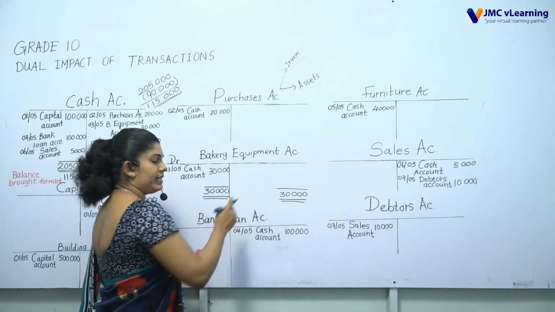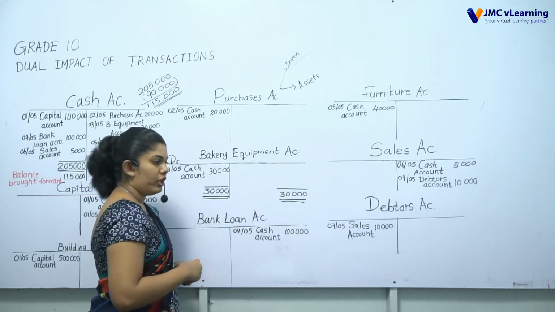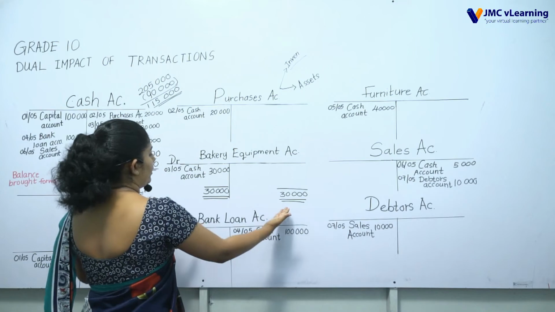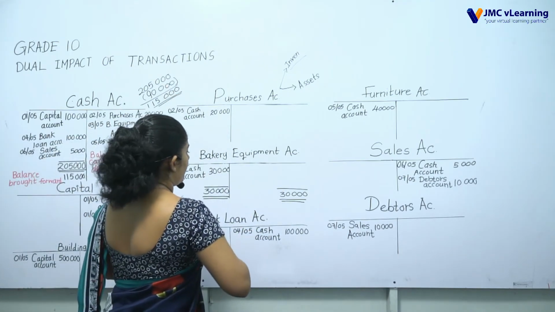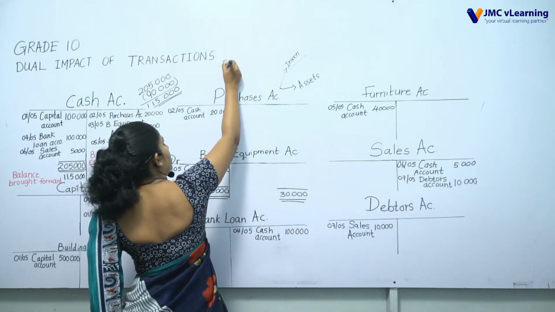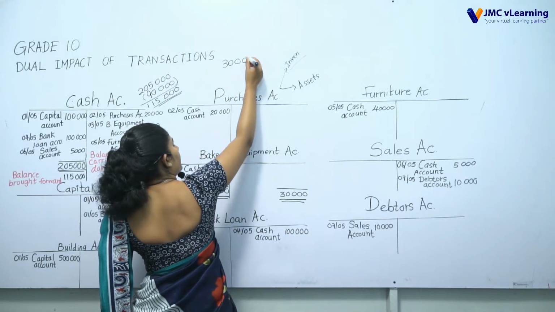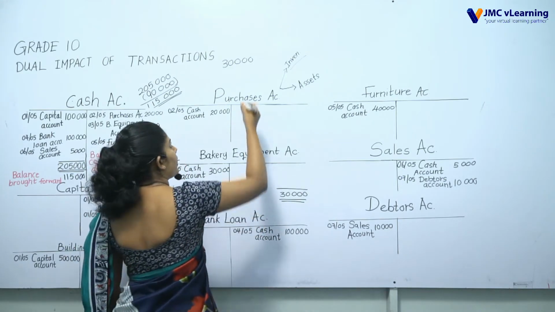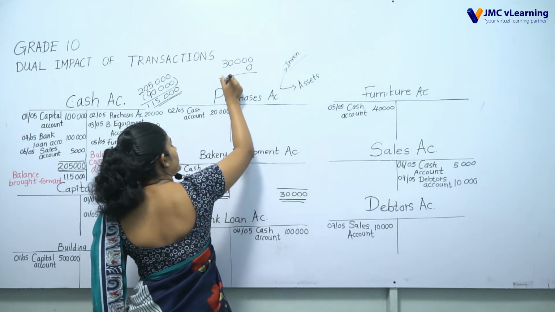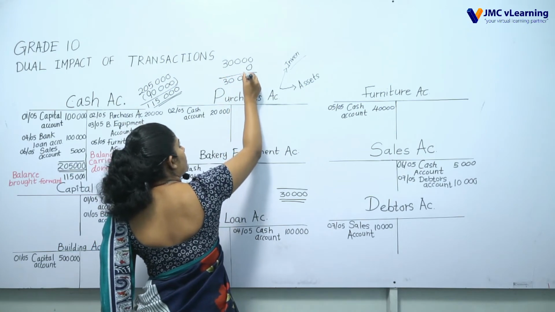Here, the balance is 0. Therefore, if we deduct, like our previous example, we have to deduct this side value. That means 0. The answer will be 30,000, the same.